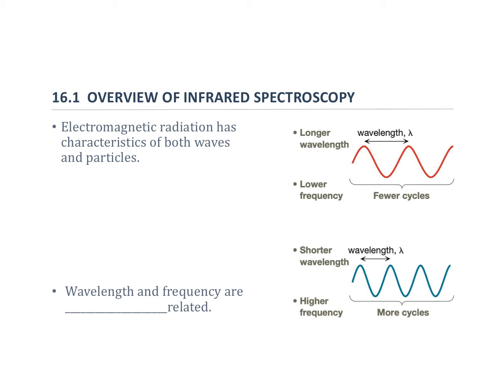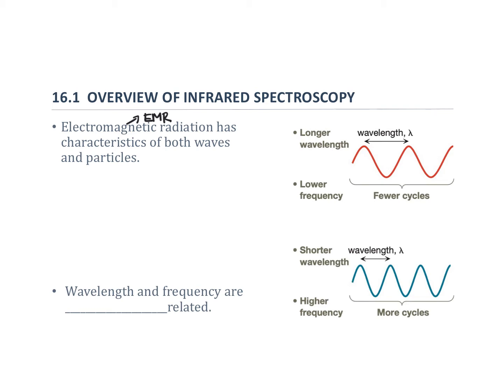So I want to start off with a review, and this is really a review of general chemistry material. I want to review light. And so when we talk about light, we remember electromagnetic radiation, abbreviated as EMR, right? And we did a whole chapter on how light has the characteristics of both waves and particles.